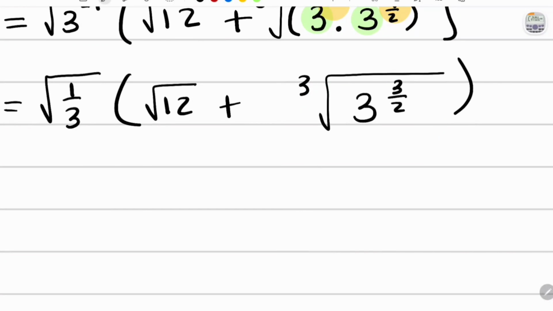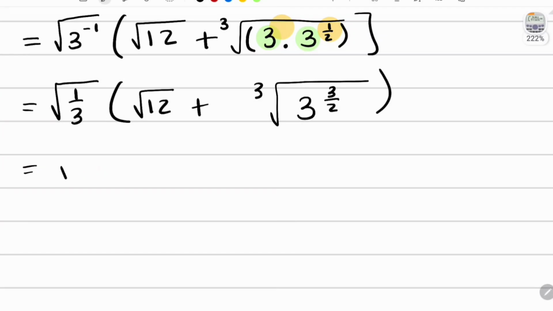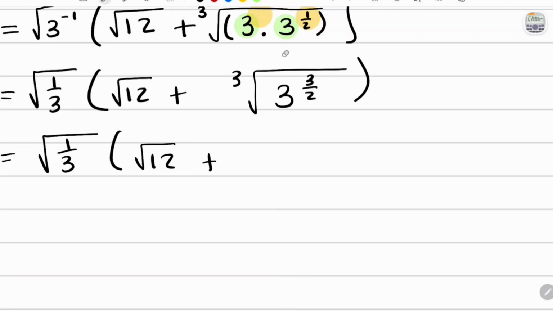So we have the cube root, and then this is what we have. Okay, so it's the square root of 1 over 3, square root of 12 plus, and now we can go ahead and simplify this, make this a base of 3 just on its own. So it means we're going to have 3, and we're going to take the inside exponent, which is 3 over 2, and it's going to be divided by the outside exponent, which is that 3.